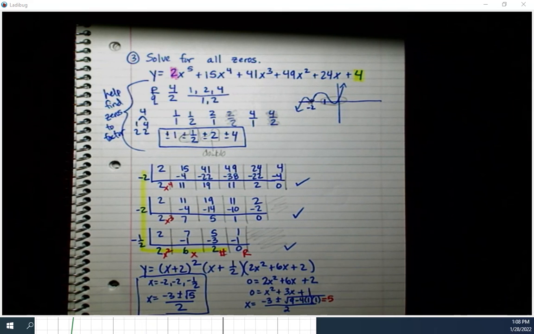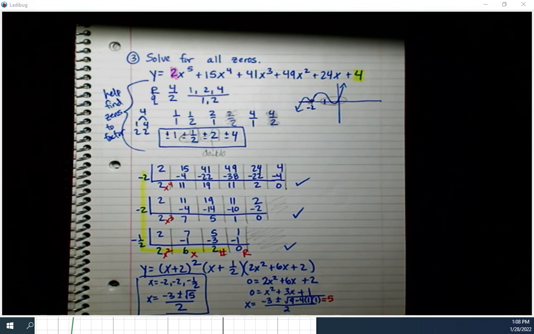My regular factoring techniques failed me, so I used the graph and the PQ list to narrow my choices, and I used synthetic division to factor it. Once I got all of my factors, then I set each factor to 0. All of this work up here was just a fancy way of factoring.